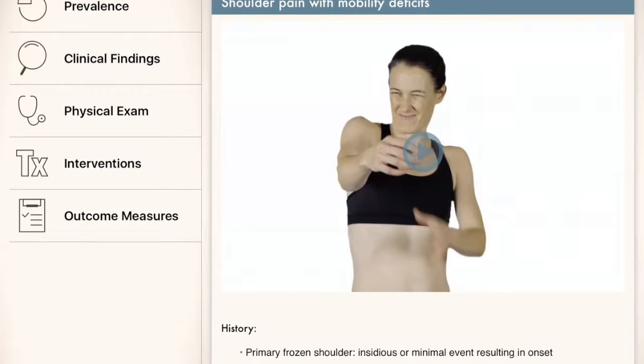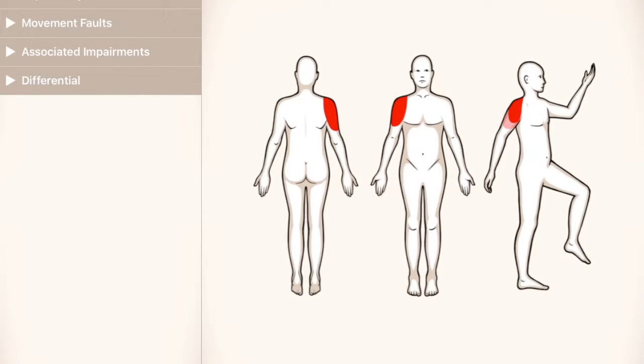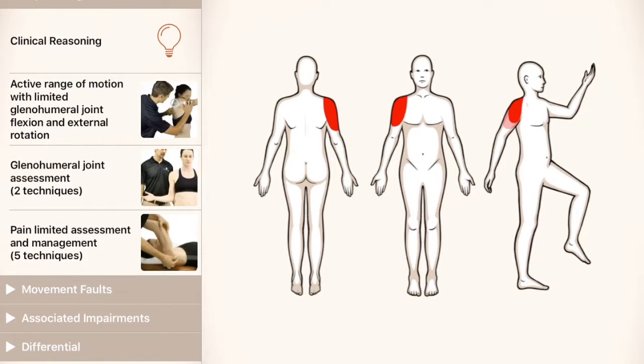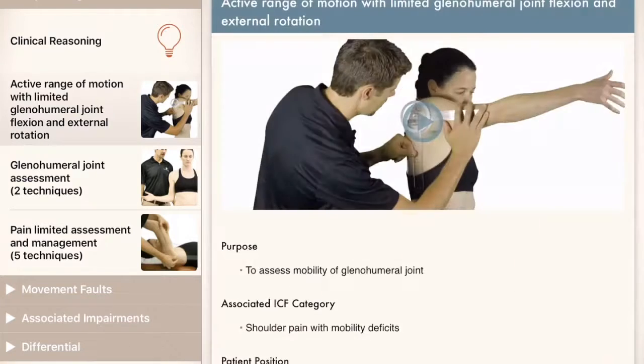So you can watch this clinical findings video to help get that clinical picture. And just remember that this frozen shoulder patient doesn't just mean you go in and start mashing on the shoulder. So when you look at the physical exam, you're going to look at the key findings, and because this patient's disability is primarily related to mobility problems, you're looking for significant loss of range of motion, of flexion, and external rotation, right?